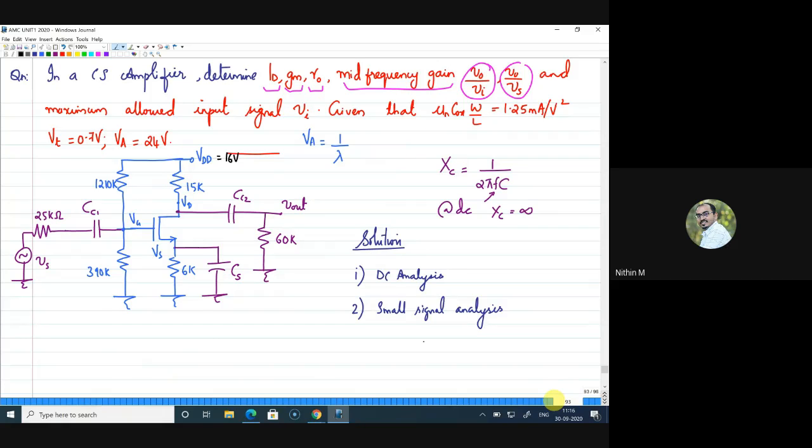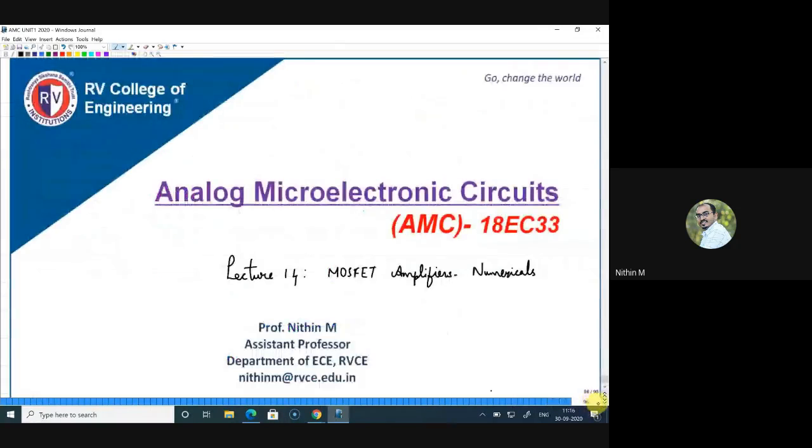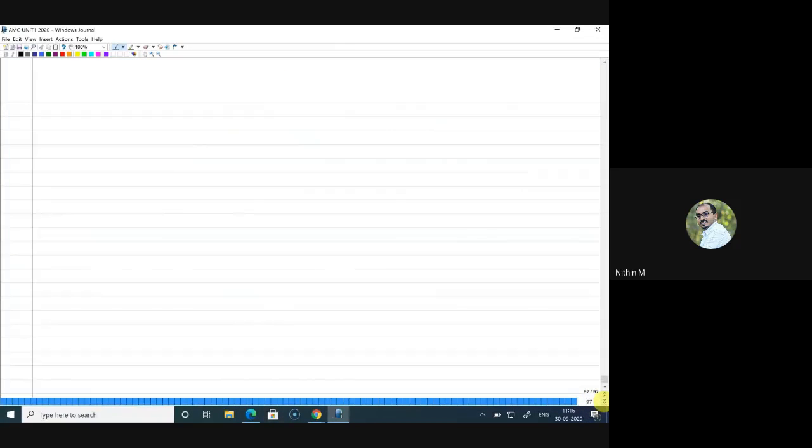Now, in order to find the gain, I'll explain what this mid-frequency gain Vo by Vi, Vo by Vs is, and how to calculate that. But just before that, let us consider the circuit as a whole in order to do this small signal analysis. I hope you remember we have done two steps.